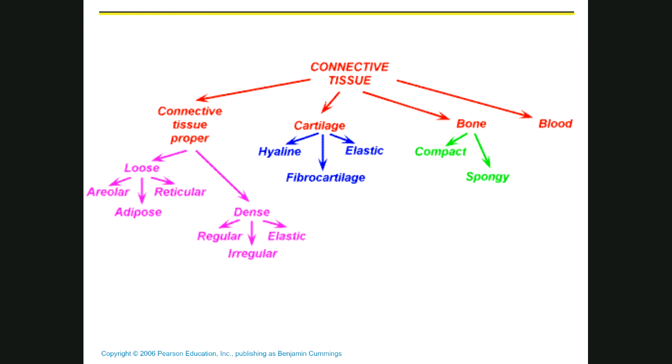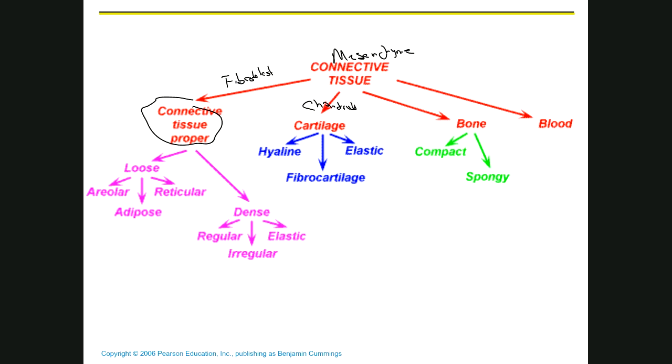So right here is where mesenchyme is. And so again, mesenchyme is going to differentiate, and it can become connective tissues proper. And it's going to do that by becoming a fibroblast. It can become cartilage, and it's going to do that by becoming a chondroblast.